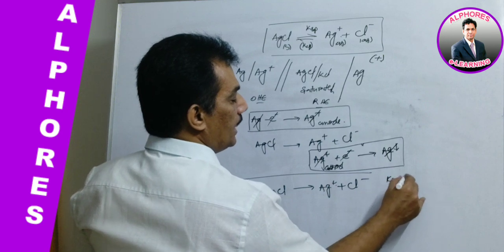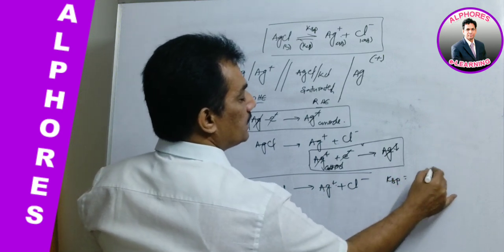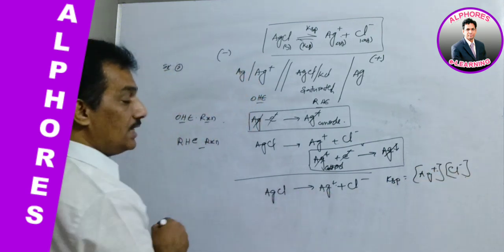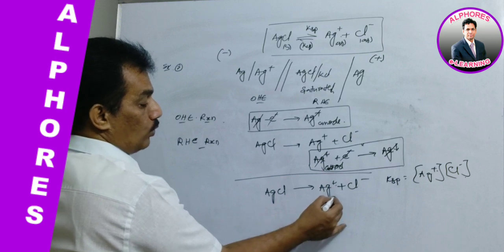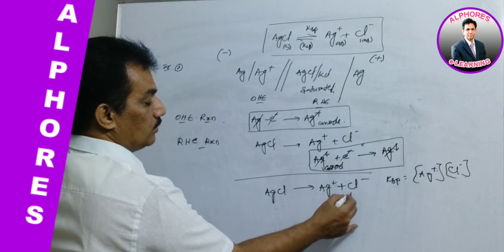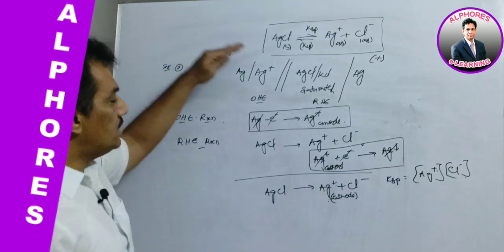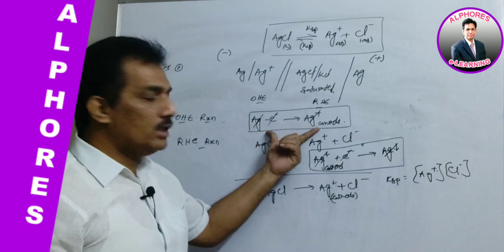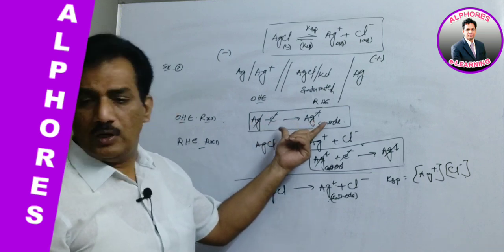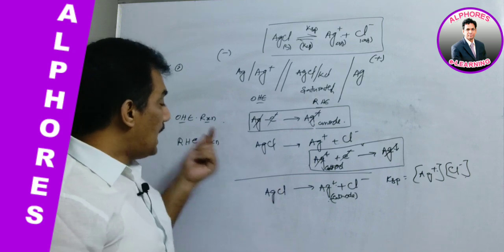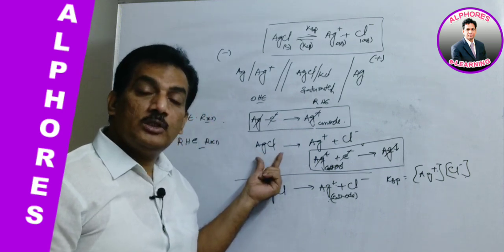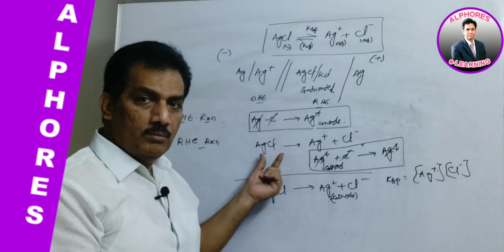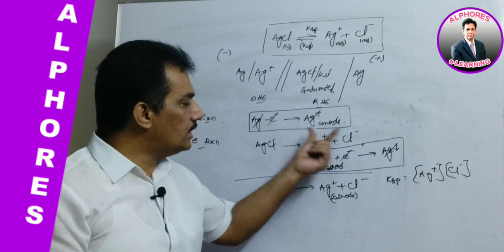KSP is nothing but Ag plus into Cl minus, and just observe this Ag plus is from the cathode because this reaction is at the cathode. So altogether from this given data, you have to compute like that. This is the anode reaction. Simply, you know at the anode the metal atom will go for oxidation, and at the cathode the insoluble, sparingly soluble salt is covering the metal rod, and thereby here what is happening is this.